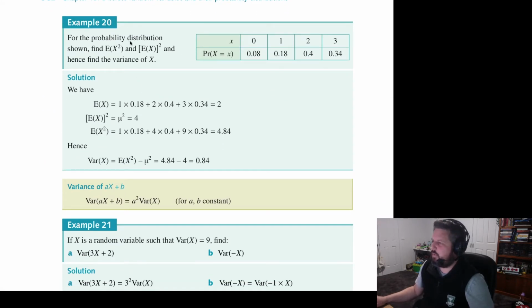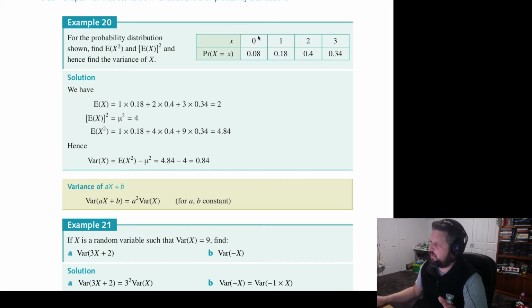It says here, find the probability distribution shown. It says find the expected value of x squared and then find the expected value of x and square that. And then by doing that, we'll be able to plug it into the formula and get the variance of x. So first, we need to find the expected value of x, which is basically finding the mean.